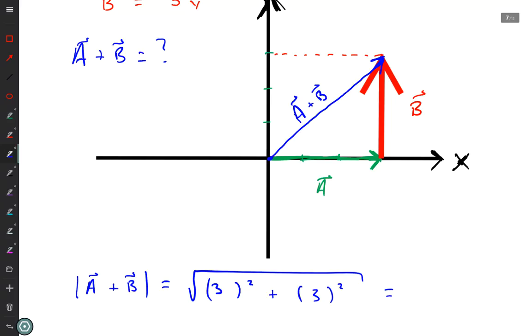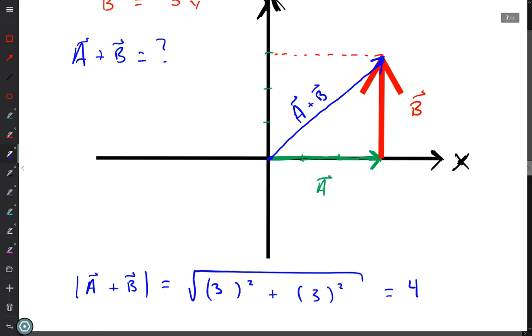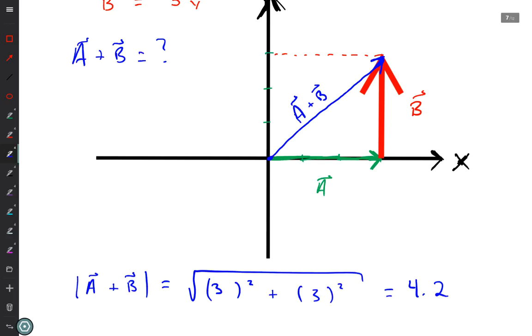Or for people that want to do it a different way, 3 times the square root of 2 is what you get. That'd be 4.2. So my magnitude is 4.2. Now, you can check on the calculator because I may not be right. I did it in my head. I didn't calculate it. So that's how you find the magnitude. So we're going to have to use the Pythagorean theorem here when we're adding vectors.